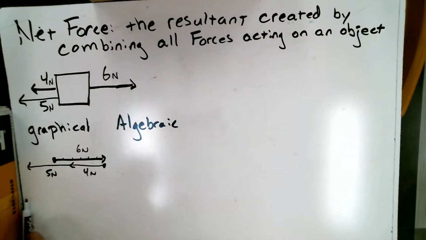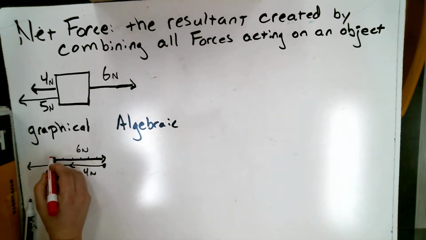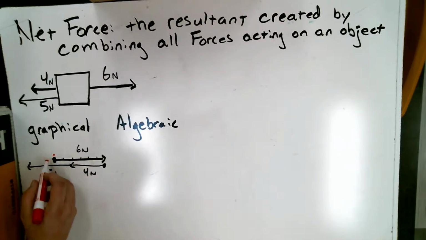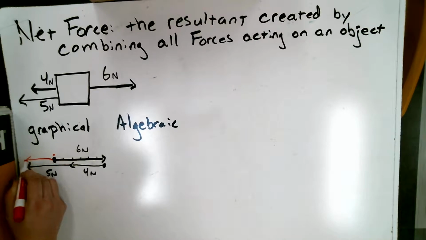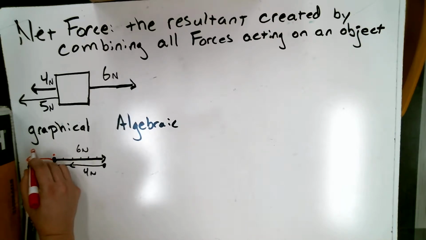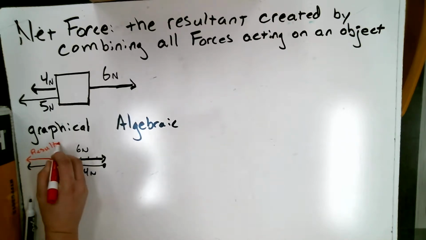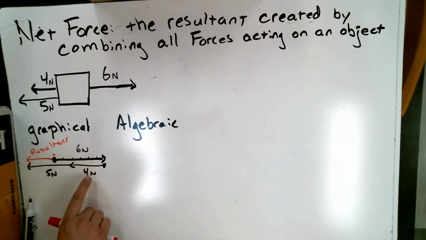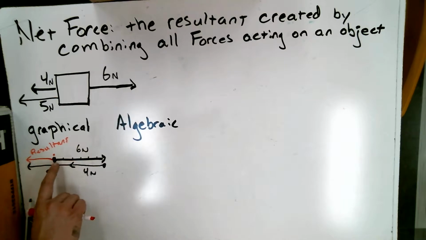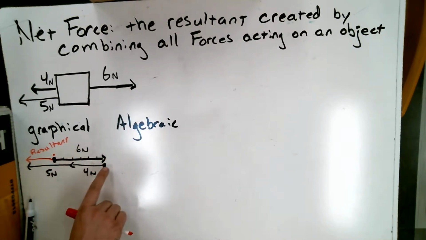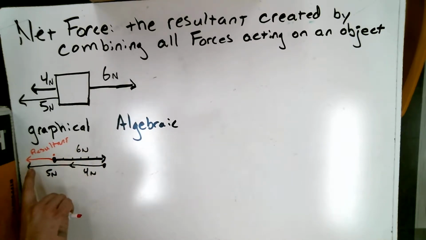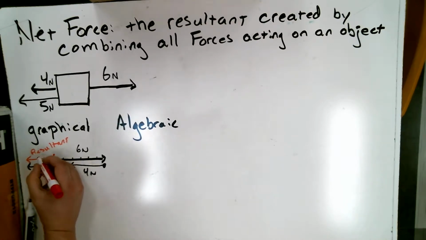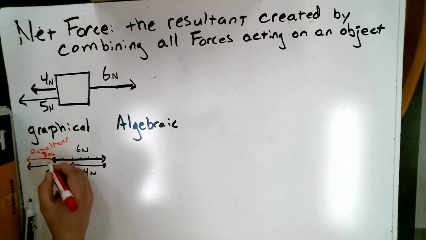My resultant is basically what would happen if I went from the very first tail of the vector to the tip of the very last one. This is my resultant. If you do the geometry, 6 forward, 4 back, and another 5 back would give it a length of 3 Newtons.